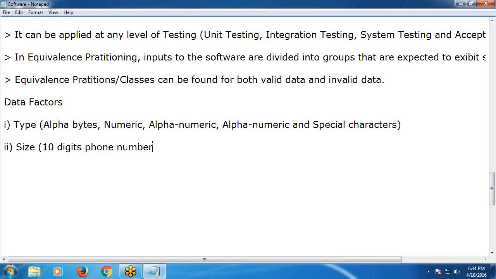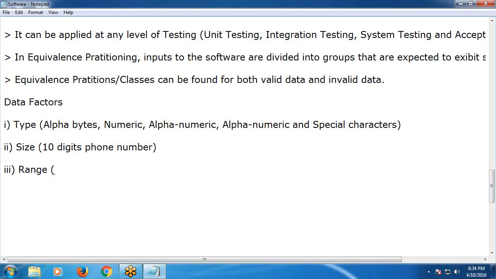Next, one more thing. Krishna Chaitanya, besides type of the data and size of the data, range of the data.